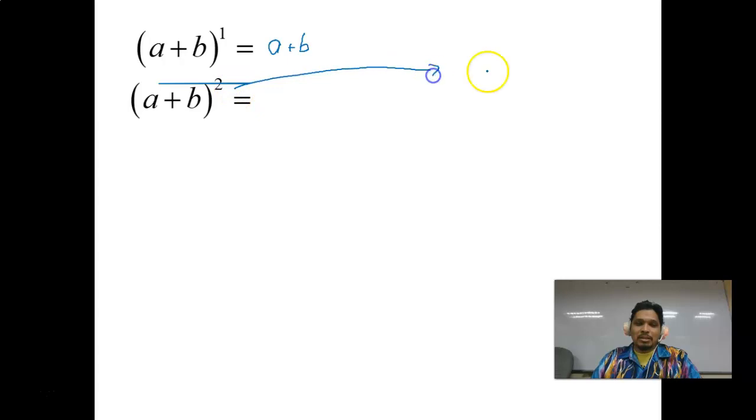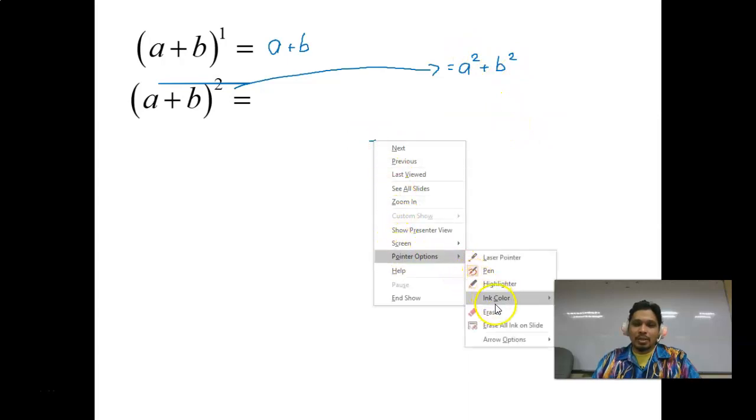Just imagine that for this simple example, I do believe that all of you can answer because you can handle this. It's as simple as a plus b. So next, a plus b squared. Class, please do remember that this is not as simple as a squared plus b squared.